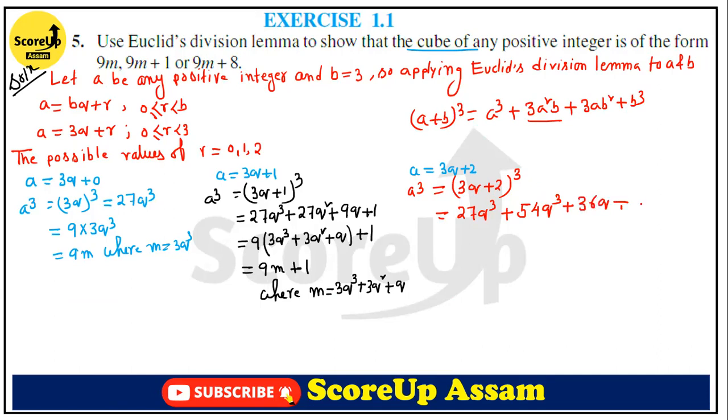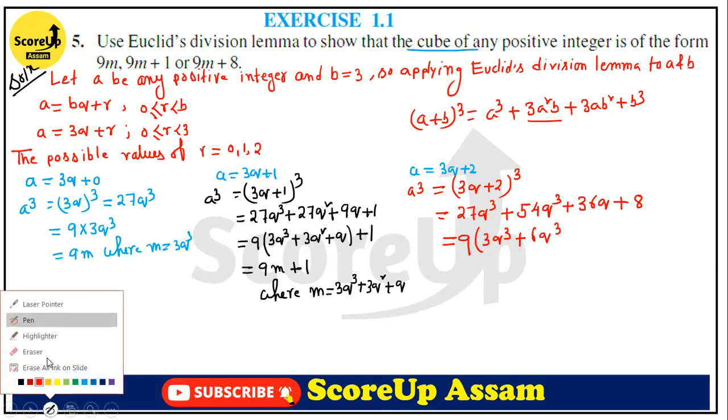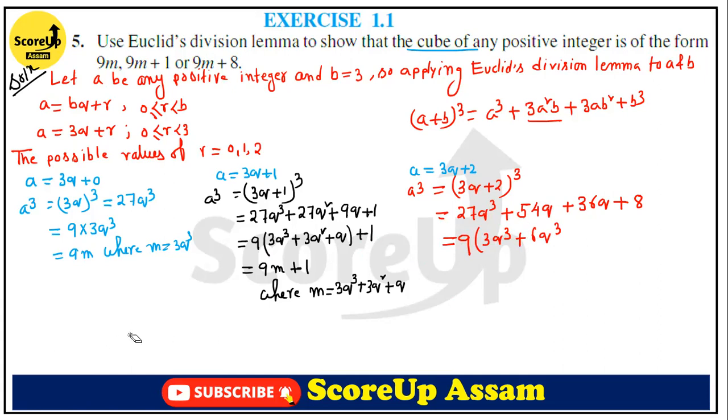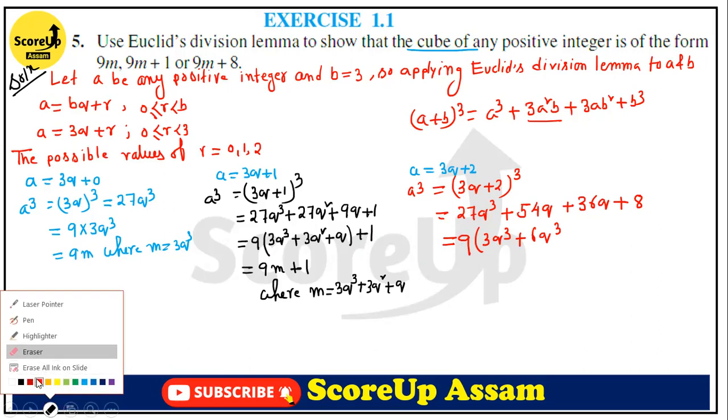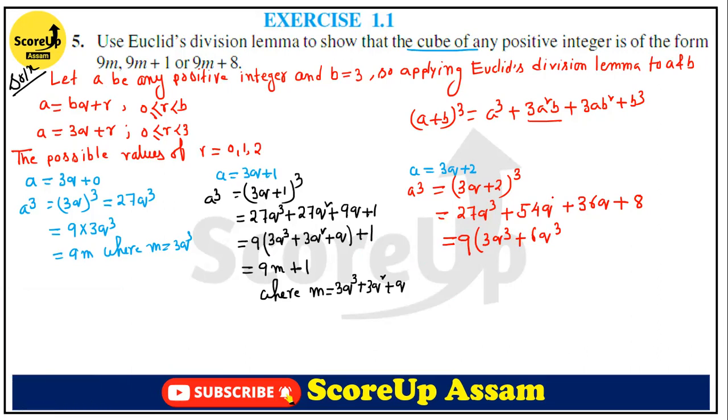36q plus 8. Now if we take 9 common, so here it will be 3q cube plus 6q, right? Sorry, here it will be square, not cube. 3a square b, right? So here it will be 3a square b. That means here it will be 6q square. Here it will be 4q plus 8.